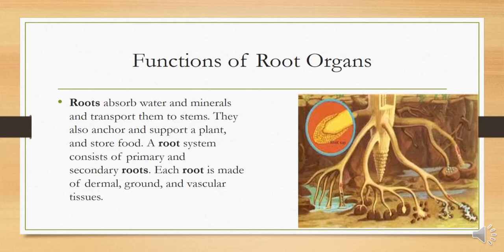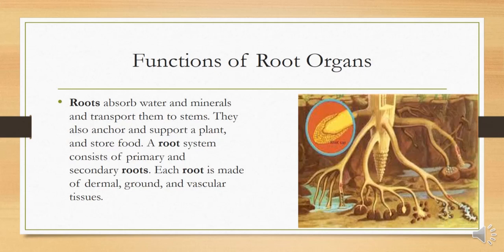So the main functions, when we talk about the roots: absorb water and minerals from the soil and transport this water and minerals to the stem, and from the stem it is transported to the leaves. They also anchor and support a plant and store food.